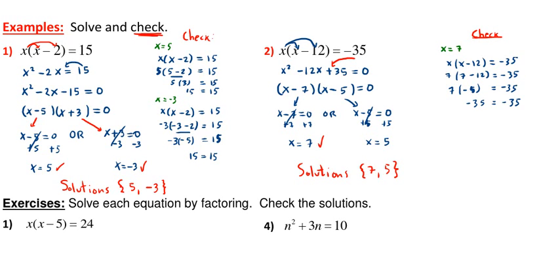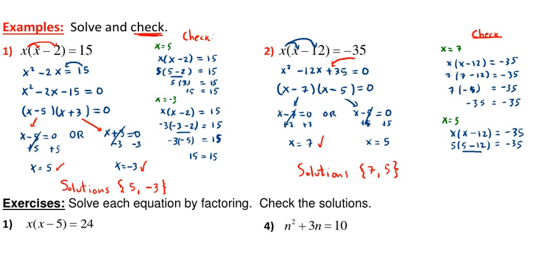Now I'm checking x is equal to 5. Start with the original equation. Substitute all the x's by 5 in this case. Simplify the left side.